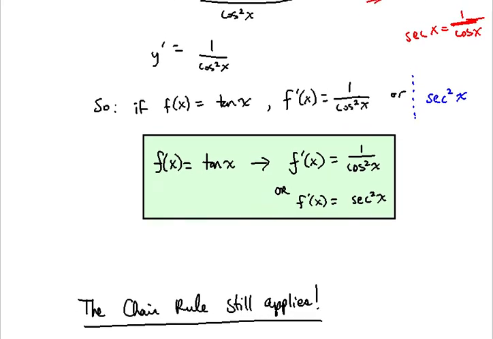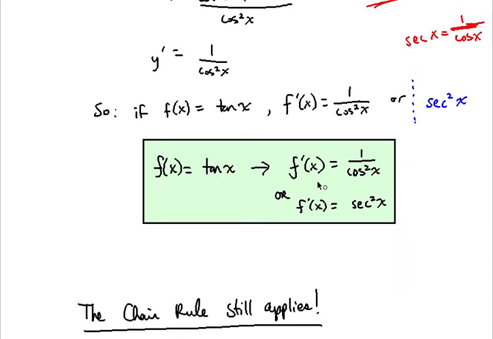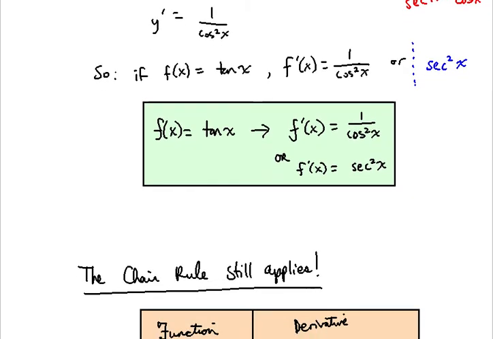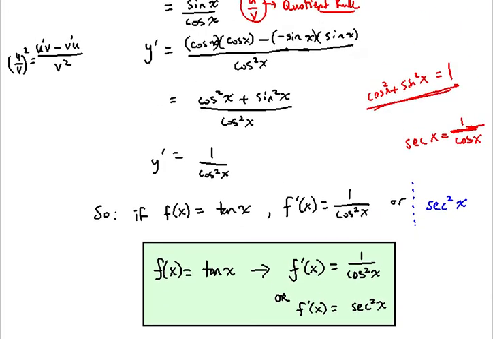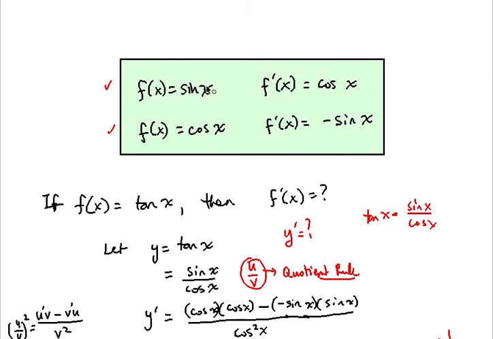Now the chain rule still applies to all of these functions. So how does our chain rule work? We have a function inside a function, right? So if I have, instead of sine of x, sine of f of x, what's going to happen? I would expect to see cosine of f of x times f prime of x, right?